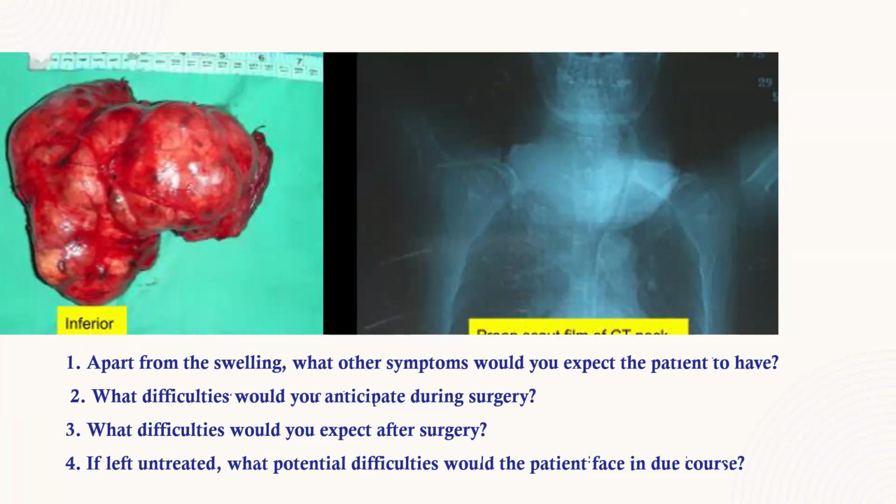We are not asking in general about thyroid swelling. Look at that image. They have labeled something. Look at the X-ray. Looking at that, you should tell us the extra symptoms. You cannot just go on mentioning the symptomatology of a goiter. Get a clue from these two. See the neck X-ray. What is there? Even the specimen, they have mentioned something. Just see that.